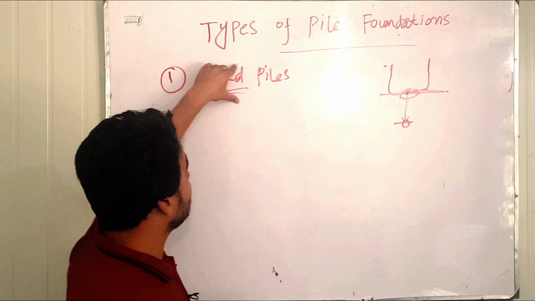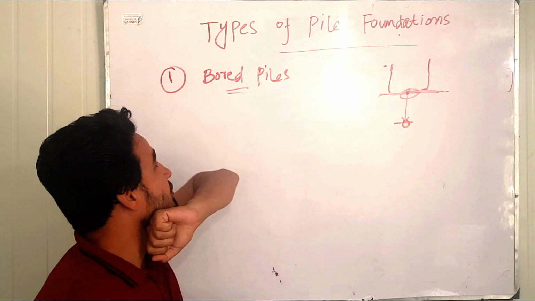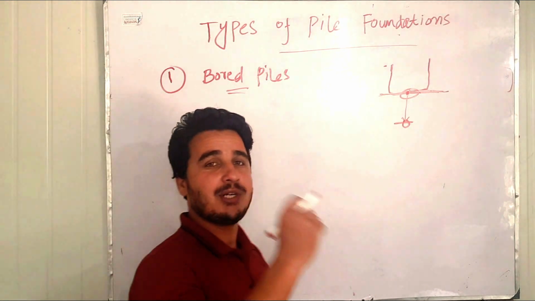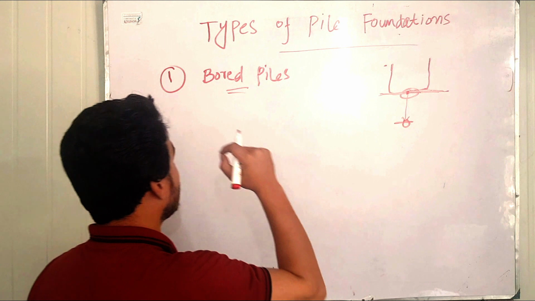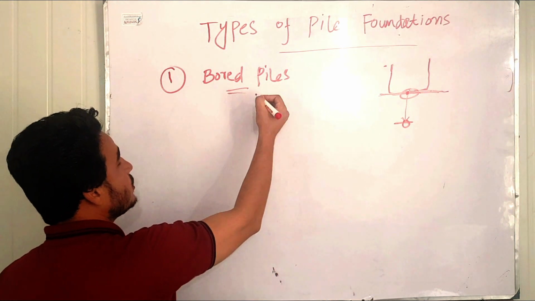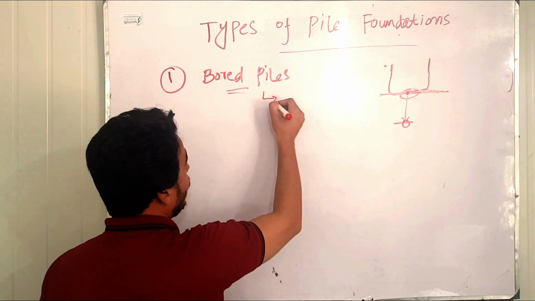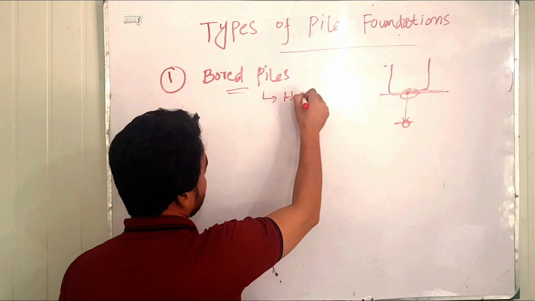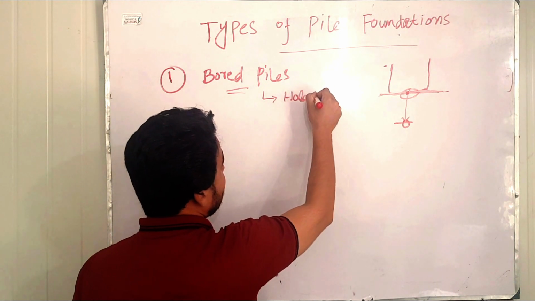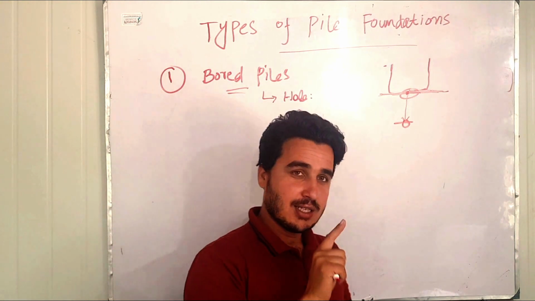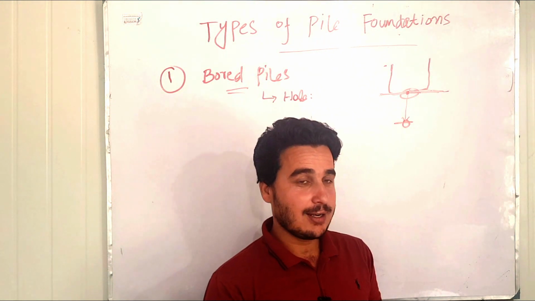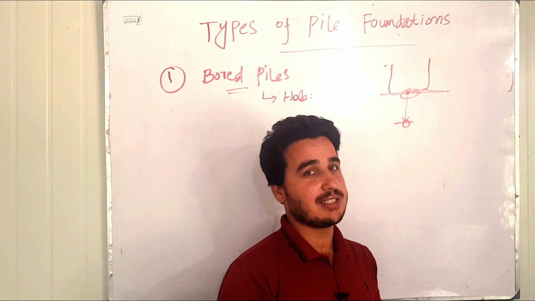So that is the reason for using pile foundation. Now we have different types. Number one is the bored piles, which I have written, and this is the most commonly used pile type. Bored piles are those piles where a bore or a hole is made, and then it is filled either with sand, that is the sand pile, or with RCC, that is the RCC pile.